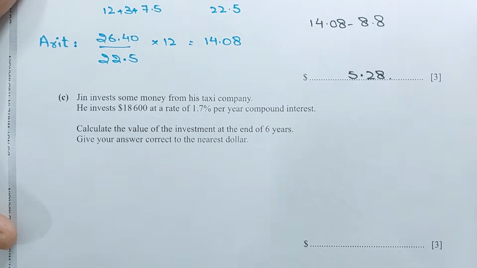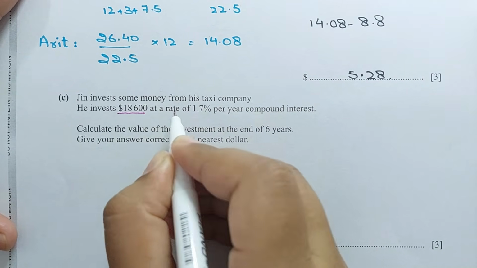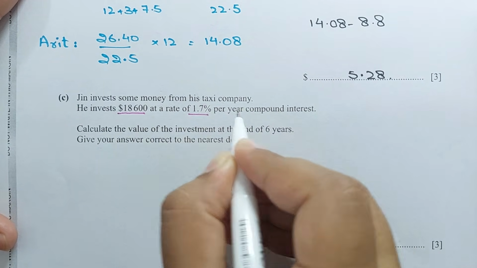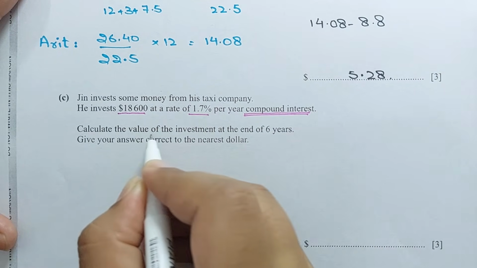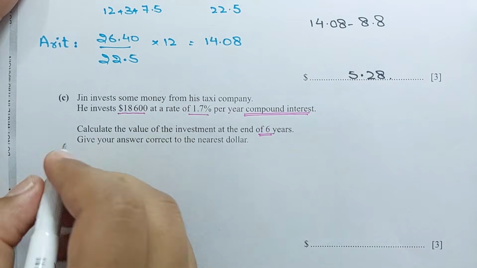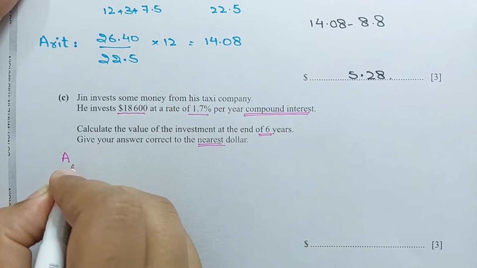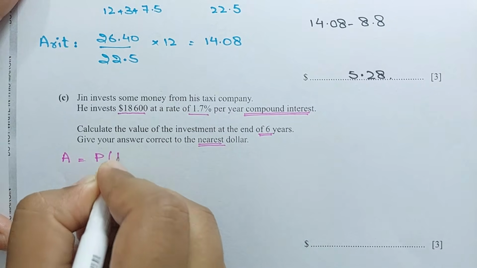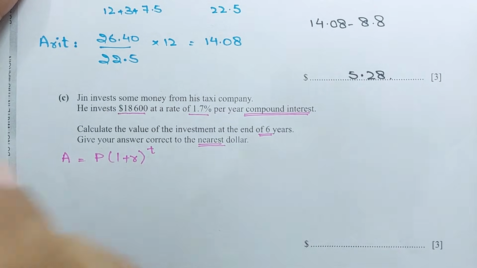Now for part C, Jen invests some money from his taxi company. He invests $18,600 at a rate of 1.7% per year compound interest. Calculate the value of the investment at the end of 6 years. Give your answer correct to the nearest dollar. It is compound interest, so A equals P times (1 plus R) to the power T. That is the formula for compound interest.